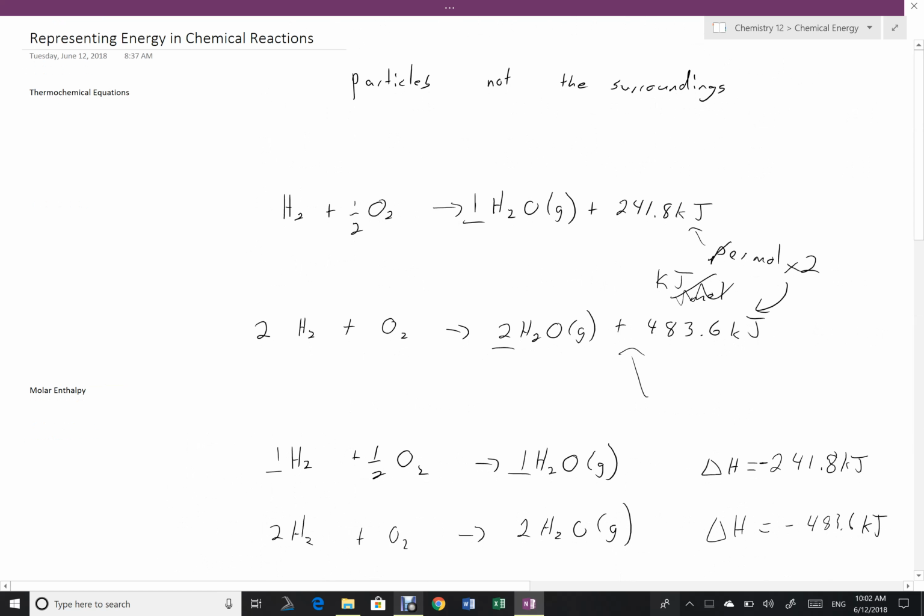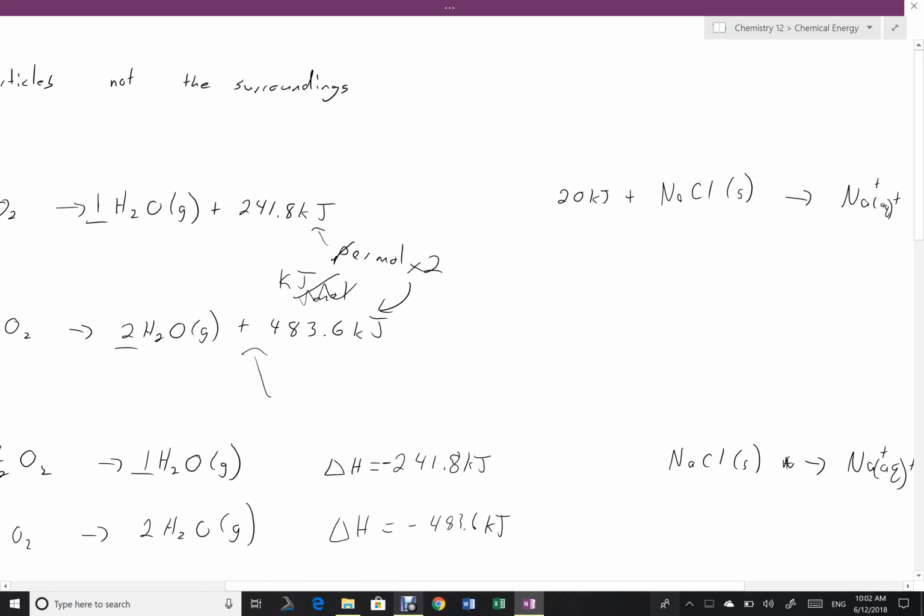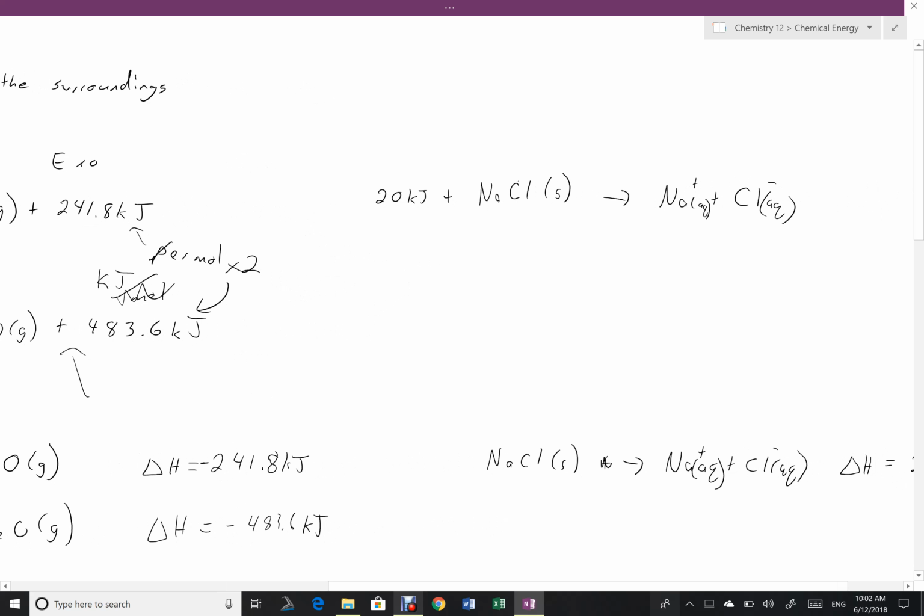So we can put the amount of energy directly into the equation. Just make sure it's in ratio with the other things, and then you could use mole ratios to figure out exactly how much energy is produced in your situation. If it's on the product side, we assume energy is coming out, or it's exothermic. If it's on the reactant side, we assume it's going into the reaction, so it's endothermic.